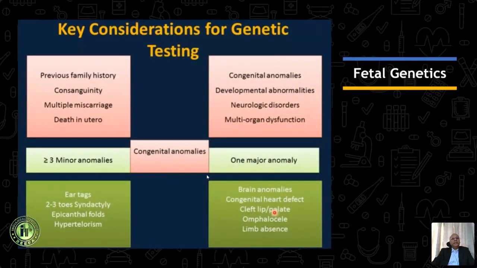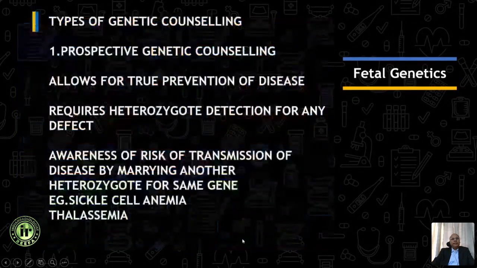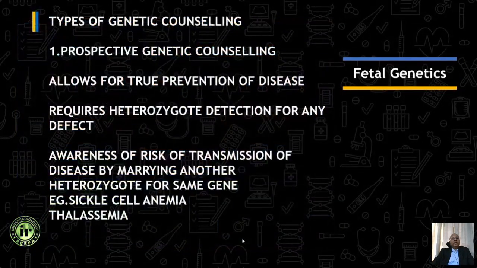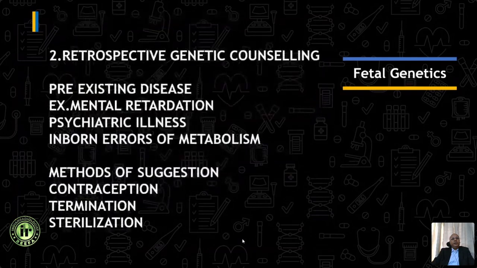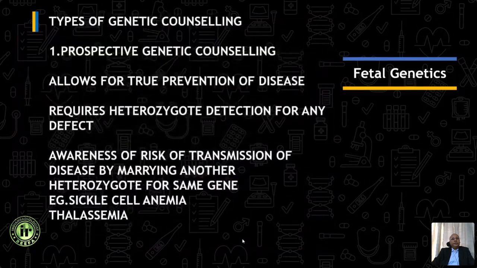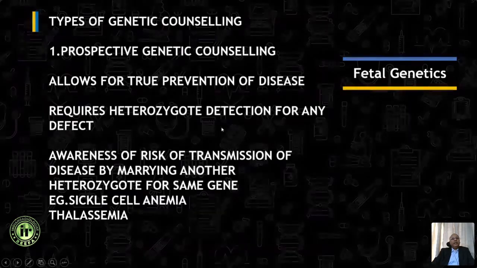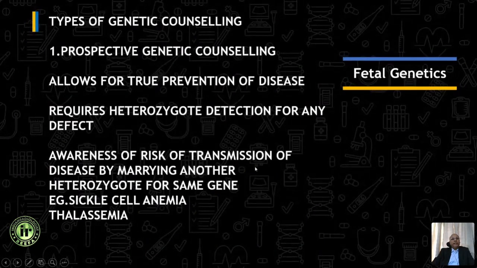So key considerations for genetic testing are congenital anomalies, previous histories, physical abnormalities, and ultrasound abnormalities. Genetic counseling can be prospective or retrospective. Prospective allows for true prevention of a disease, and it requires heterozygote detection for any defect.